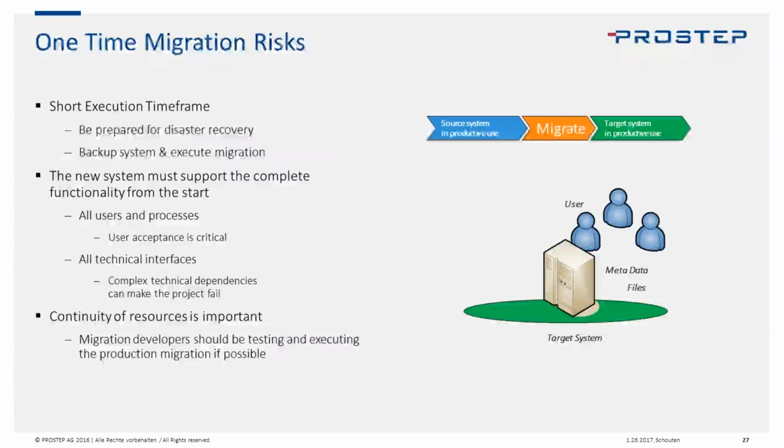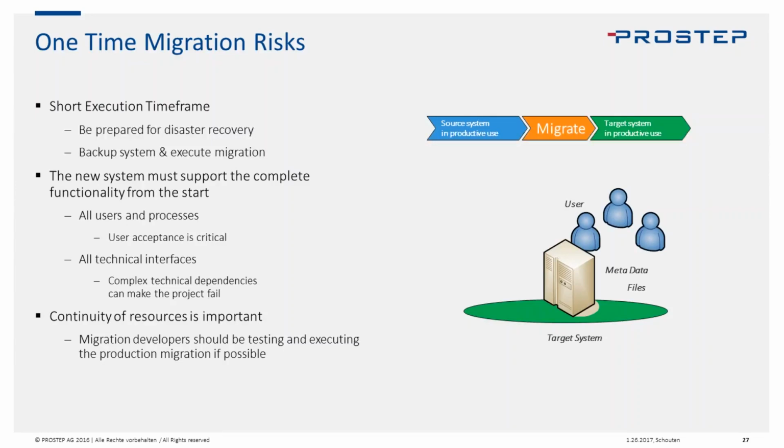So some of the risks that we see in one-time migration: be prepared for that disaster recovery. Make sure you have that backup system. Make sure that all the users have accepted the new system, that all the interfaces are in place. And if you have some complicated dependencies, these might be tough to overcome in a one-time migration, such as a third-party interface.